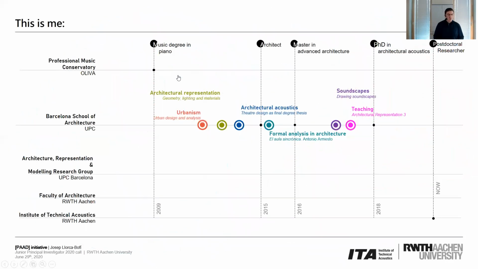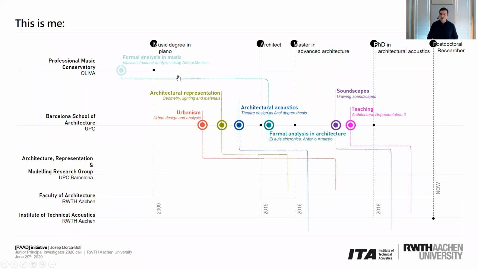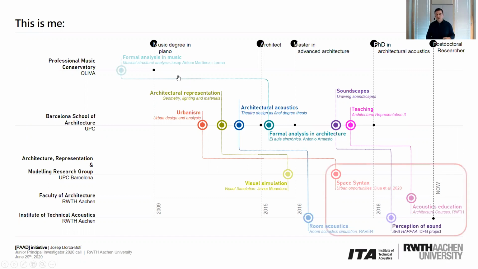This was over time, as you see in this graph, where time is on the x-axis, and on the y-axis you see different institutions. Architects encounter different disciplines in our education, for example urbanism, architectural representation, acoustics, or others, which all form the architectural knowledge package, so to say. But whenever we go to other institutions, we see that other disciplines also relate to those points with another vocabulary.